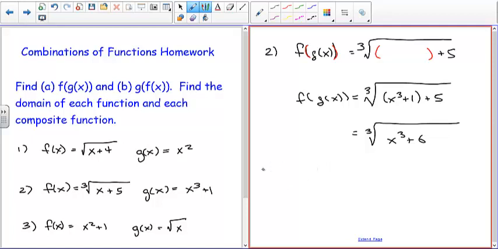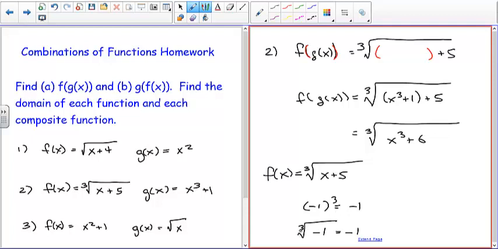Now let's look at the domains for each one of these. So the domain for f of x is the cube root of x plus 5. Now for the cube root, it's all real numbers. Now why is that? It's because if I cube something, negative 1 cubed equals negative 1, therefore the cube root of negative 1 is negative 1.